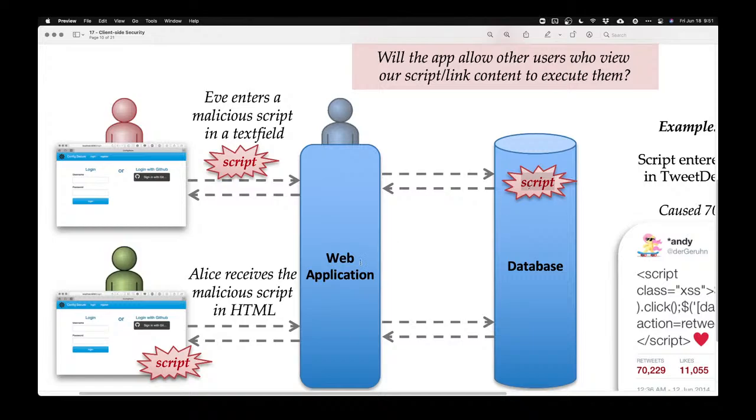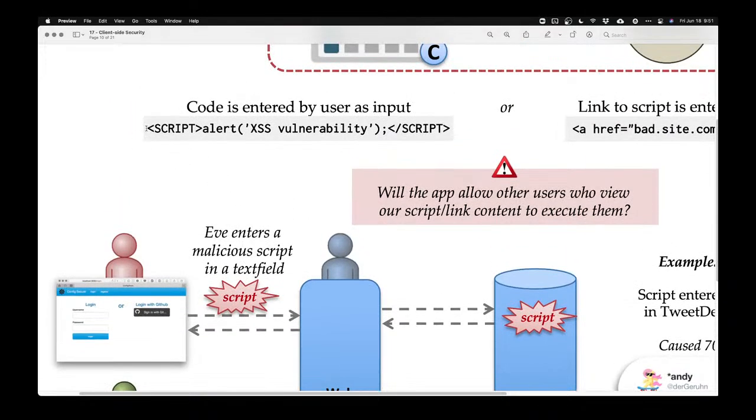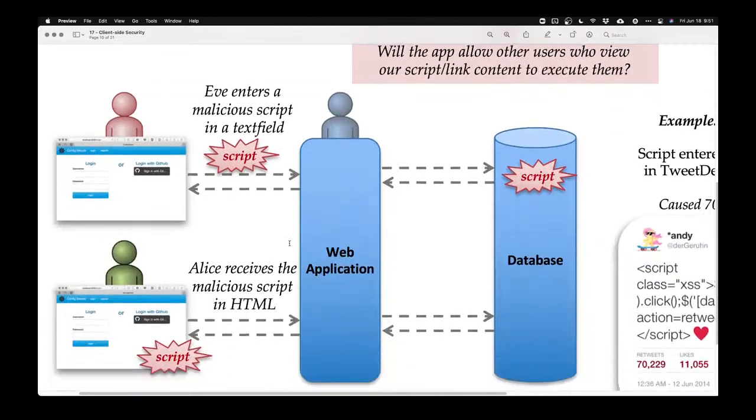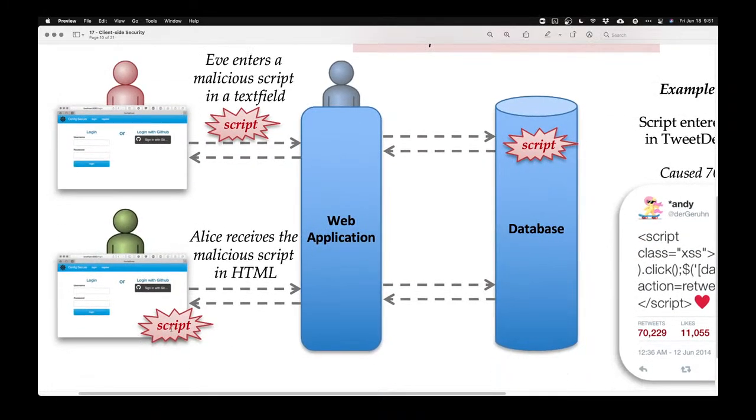That script gets sent back out of my database through the web application to Alice's browser. Now, Alice's browser, if it is not paying attention, will see this script and it might think it's just regular HTML and it'll try to execute that script. And now Eve's JavaScript is running on Alice's browser.